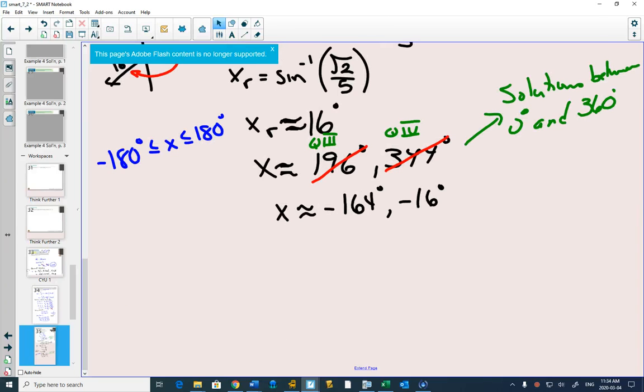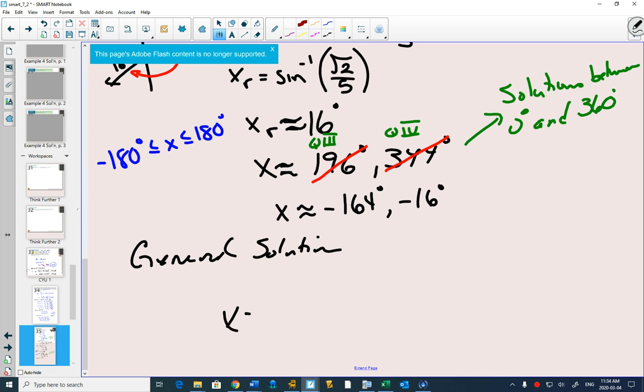And then again, the general solution now. x is equal to, I would choose 196 degrees and 344 degrees. Your textbook would probably pick the negative ones.